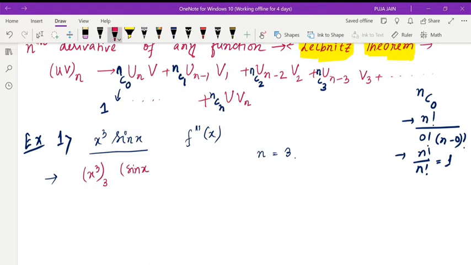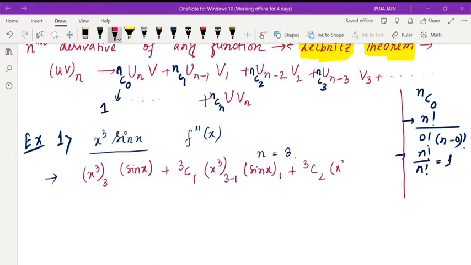Times sin x, plus nC1, that is 3C1, x cube's first derivative, sorry, x cube's (3 minus 1) derivative, and v, that is sin x first derivative, plus 3C2, x cube's (3 minus 2) derivative and sin x second derivative, plus 3C3, x cube's (3 minus 3) derivative and sin x third derivative.